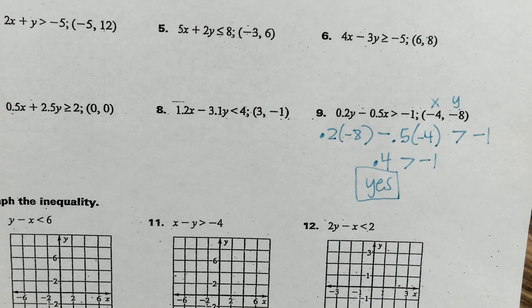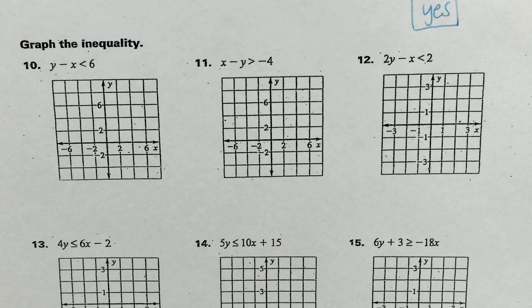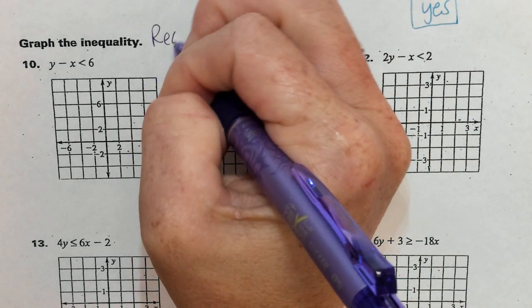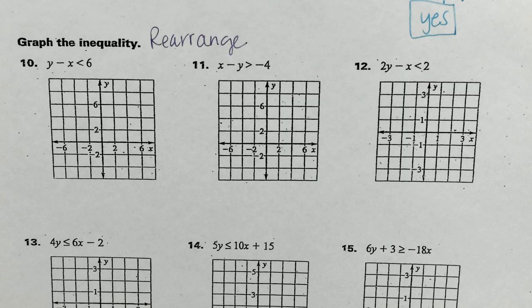Does that make sense? All right, on 10 through 21, you can graph it by using your calculator or by hand. I don't care which way you do it, but you do have to do what first? Rearrange to y equals mx plus b. Do not forget to flip your sign. Look at number 10.